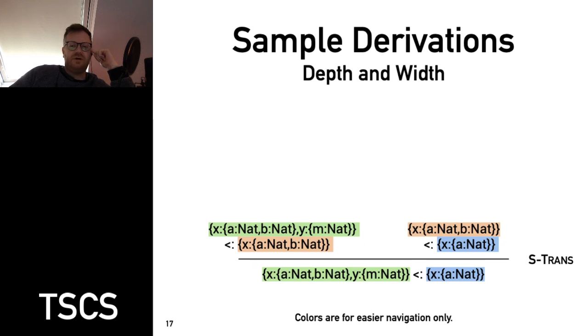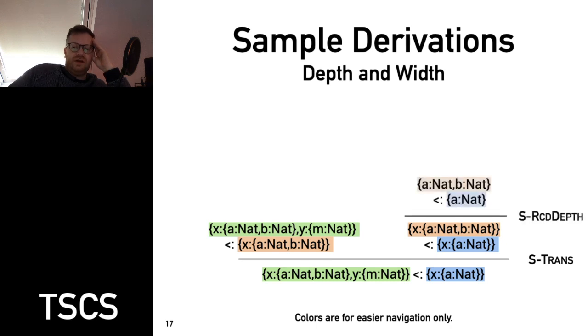So this orange part leaves out the Y of the green part, as you can see. But other than that, it's pretty much the same thing. And we need to show that these two premises actually also hold.